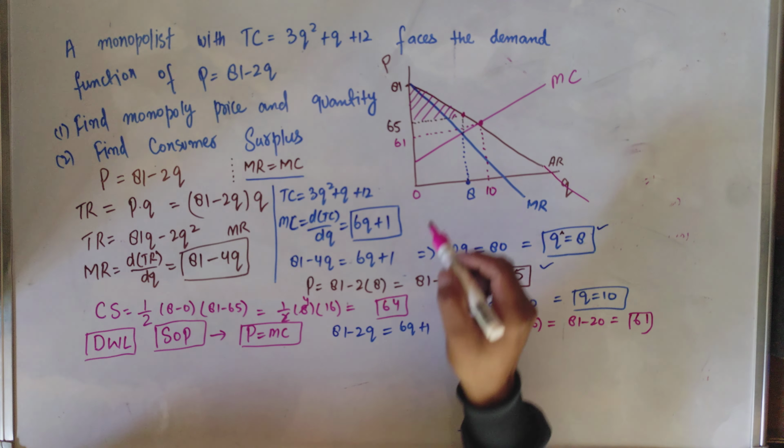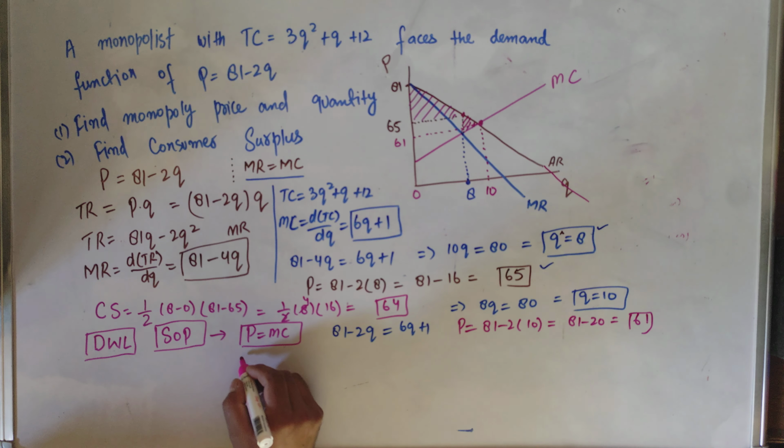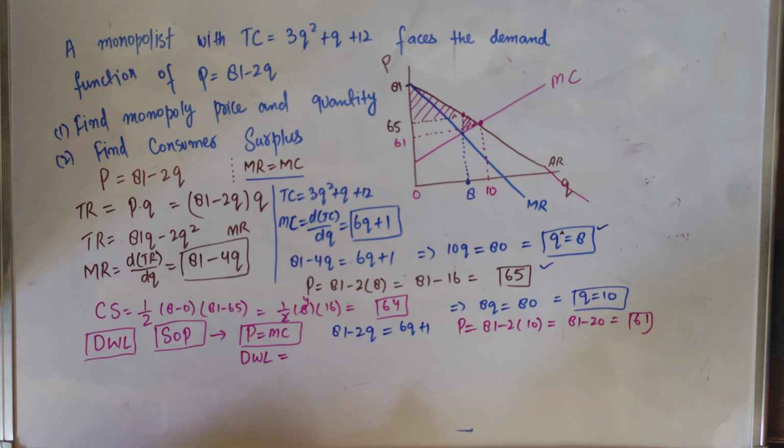Then what will be the deadweight loss? The area of this very triangle gives us the deadweight loss. Deadweight loss is the economic inefficiency caused by the monopoly. The maximum deadweight loss is in the monopoly, and we have zero deadweight loss in case of perfect competition. So these 3 points in fact denote our deadweight loss.